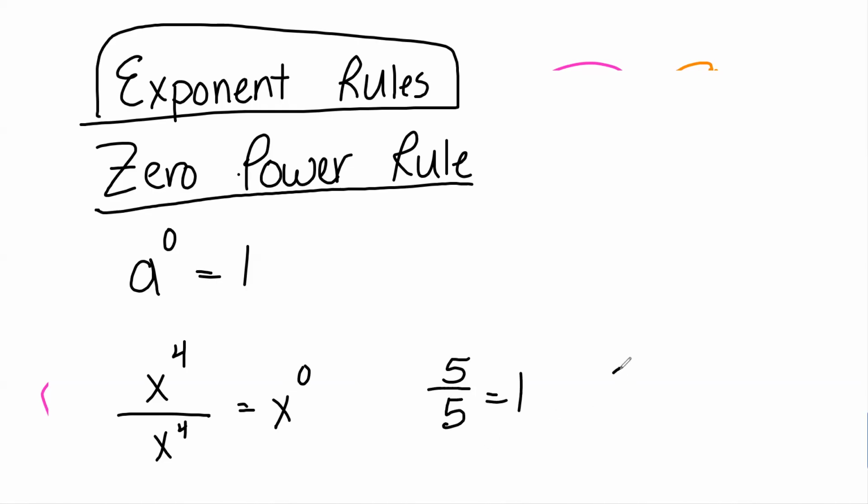If you have 9 over 9, that's a whole. So x to the fourth over x to the fourth is a number over itself. That is a whole. So therefore, it's also x to the 0, so that is 1. So anything in the whole world to the 0 power is 1, not 0.